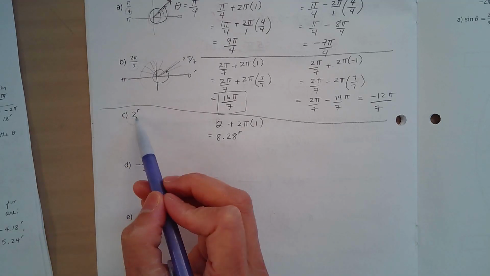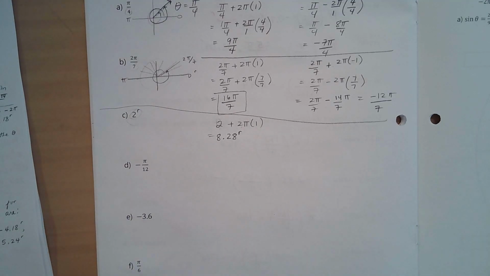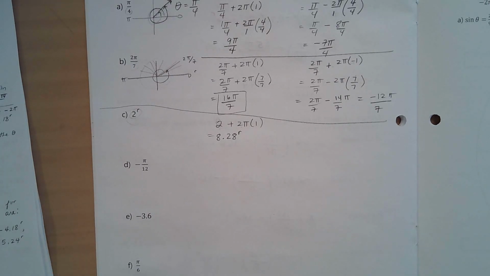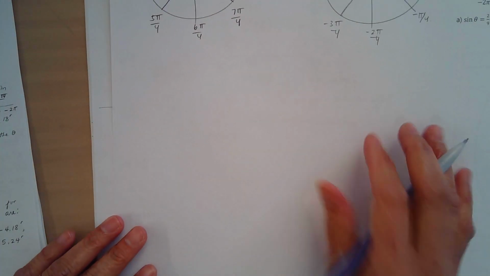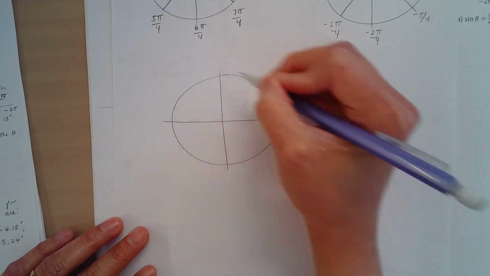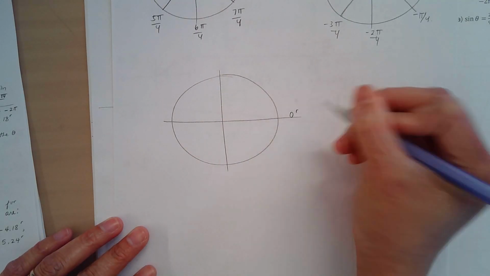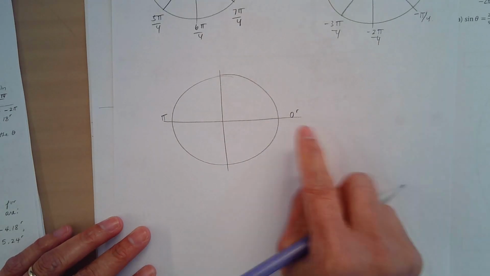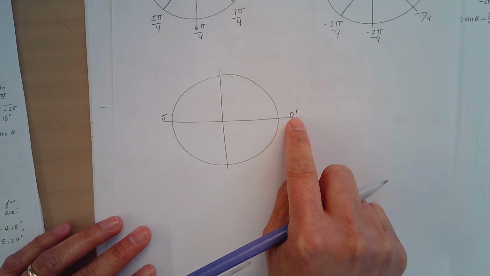Can you imagine where 2 radians is? Which quadrant it would be? Okay. Can we imagine that? Let's see if we can picture that. Quadrant 2? How'd you know? You think you can see it in your mind? Yeah? Okay. Good. This is 0 radians.